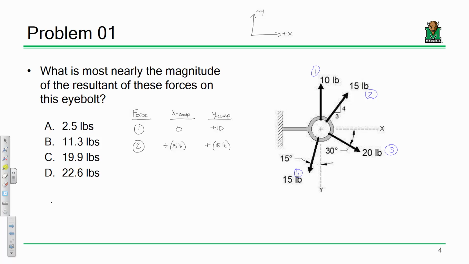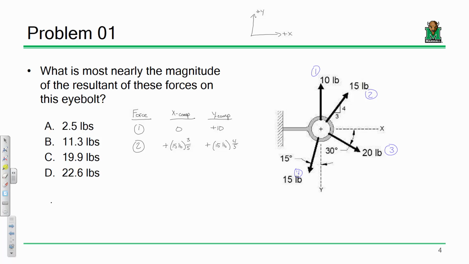What is that something for the x component? Does anybody know what I would multiply 15 pounds by? 3/5. And the y component? 4/5. There we go. Pretty simple. So I'm just going to leave it like that: 3/5 for x and 4/5 for y.